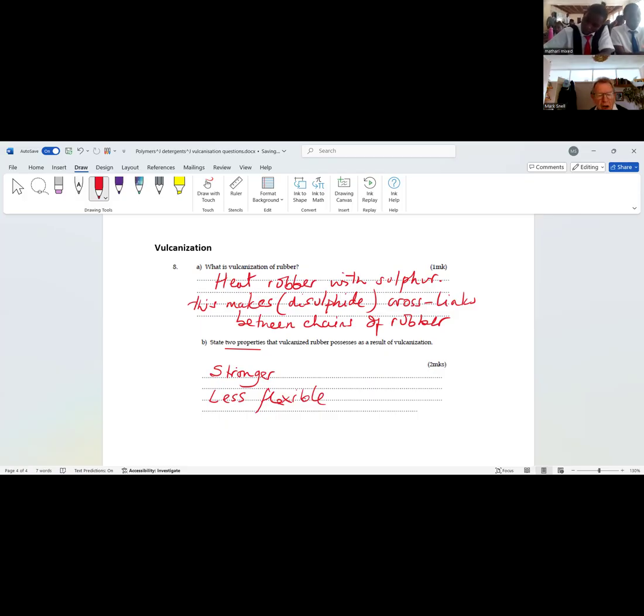It is also harder. Now, harder sounds a little bit like stronger, but it's not really. And we use vulcanized rubber for bicycle tires, car tires, lorry tires, and so on. The idea is that it's not going to wear down so quickly. It is a little bit less sticky.